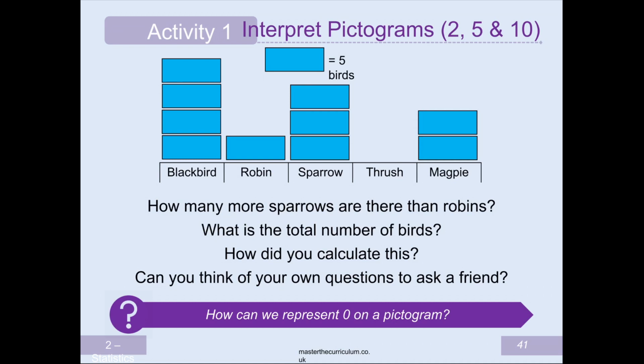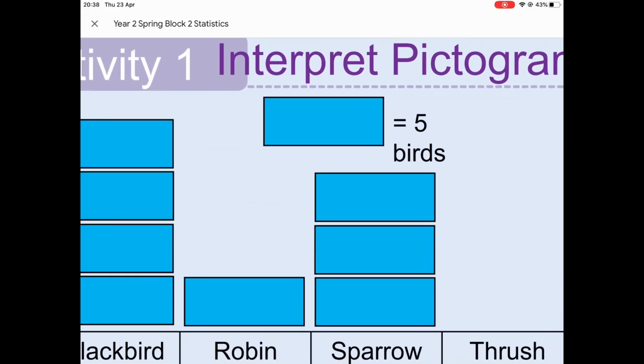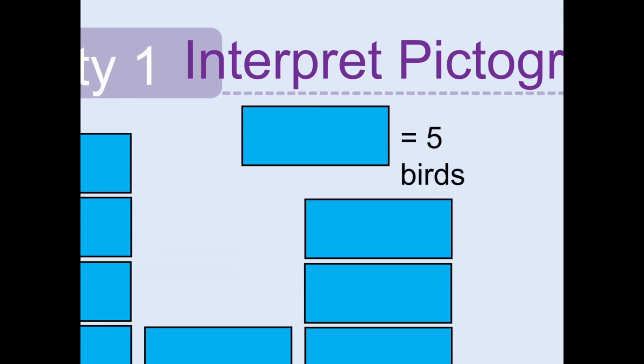So here we have another pictogram. Now, whenever you look at a pictogram, it's really important to first look at the key that shows you what the pictogram means and represents. If I show you here, the key, we have a blue rectangle, and a blue rectangle today equals 5.